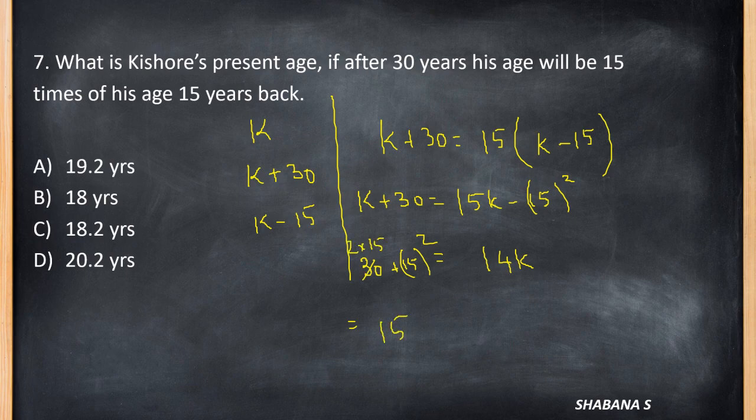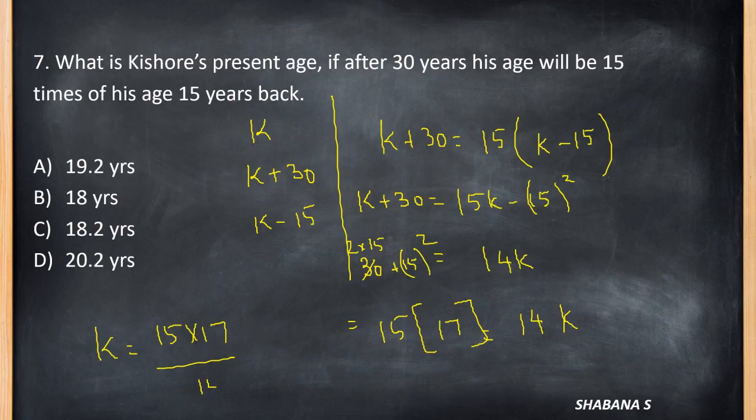So 15 into 2 plus 15 gives me 17. So this is equal to 14 into K. So the value of K is 15 into 17 divided by 14. So when I calculated this, I got 18.2 years. You can also calculate and revert if you have a different answer. Let's go for the next question.